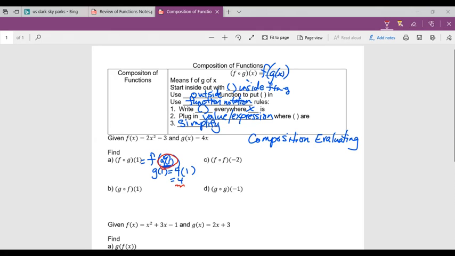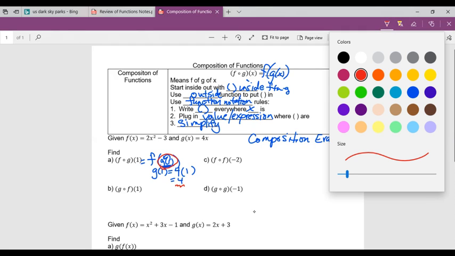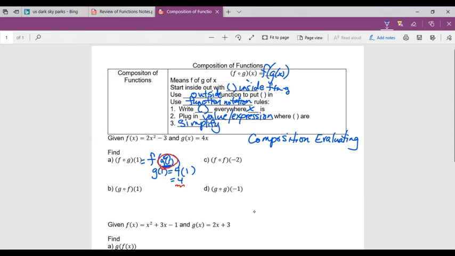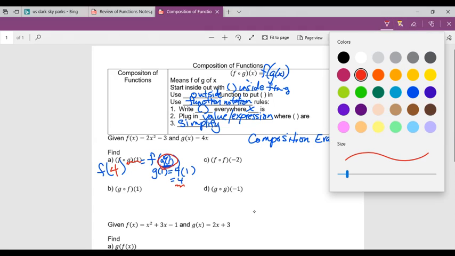So now what we have is f of what we just found, which is 4. So now that's what we're looking for. We were doing f of g of 1. Well, g of 1 was 4. So now we want f of 4.